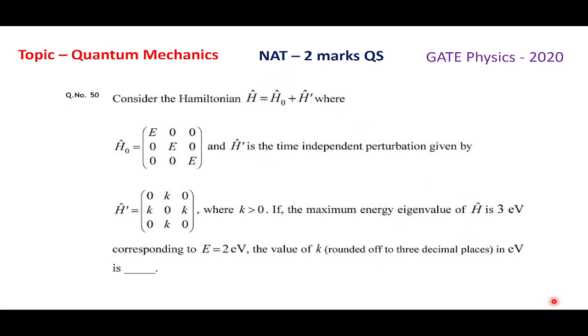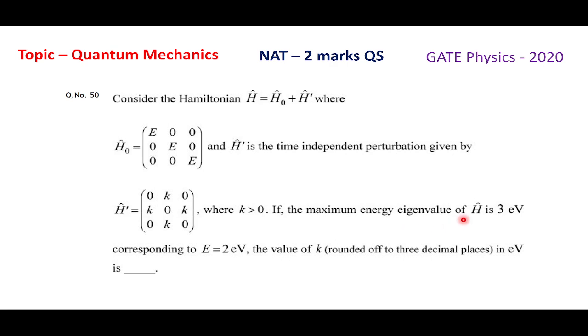It has already been said, so you have to find the eigenvalue of the H cap from here. That's why you are dealing with this. But in this question, you have to find the shift of the unperturbed Hamiltonian, so you have to deal with the perturbed Hamiltonian. That will give you the shift. The question is a little bit different here.